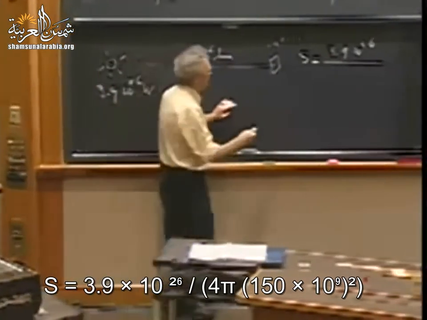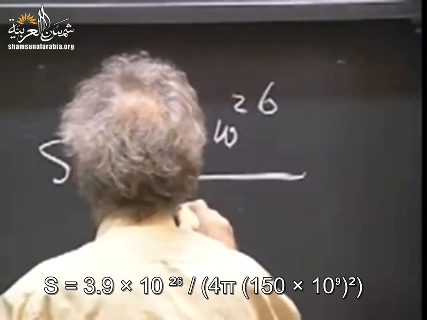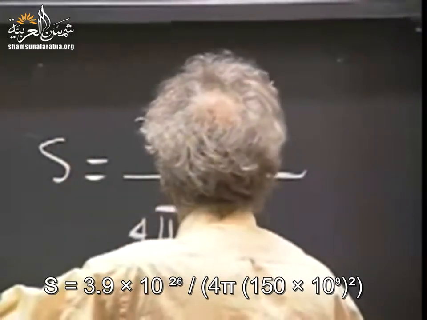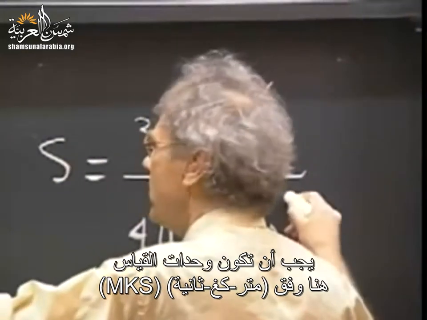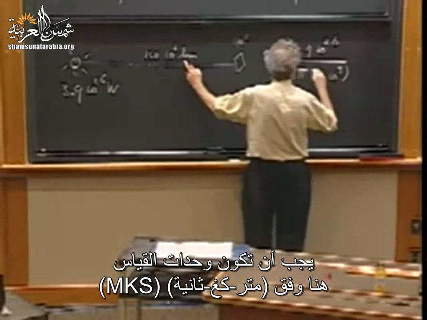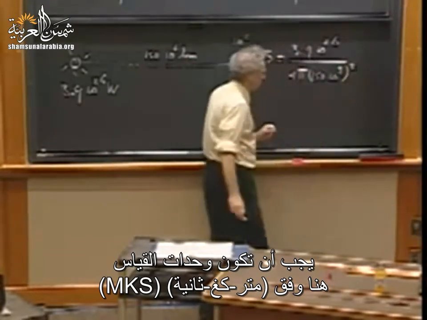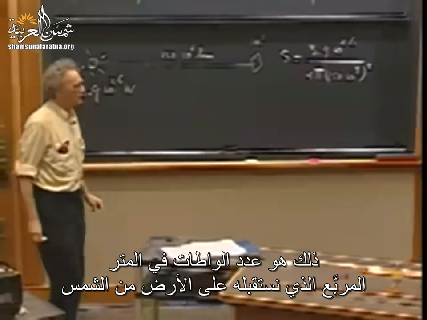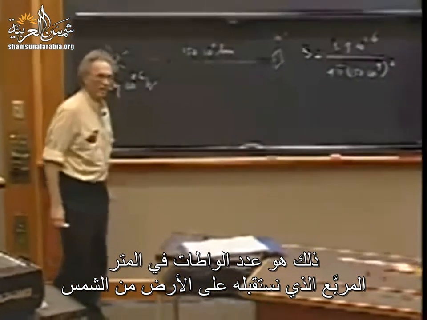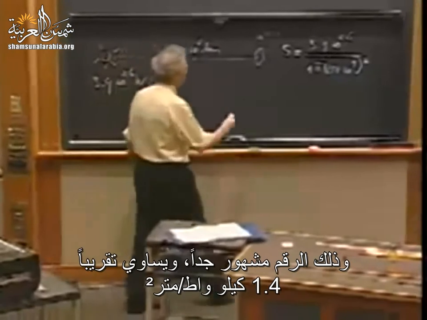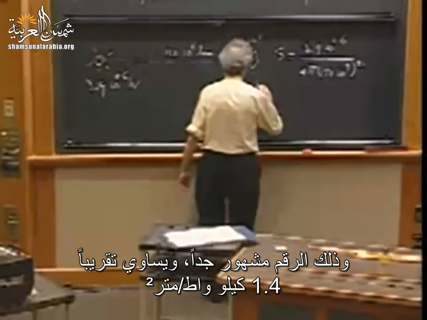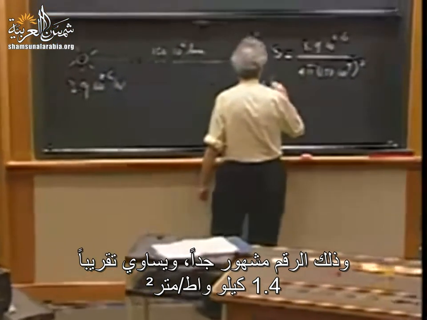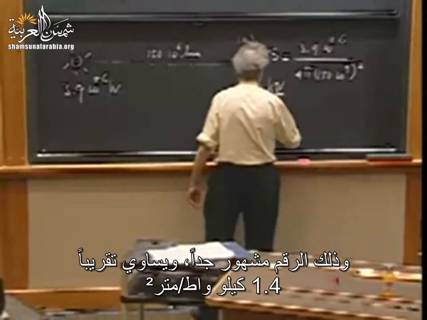And that surface area is 4 pi times that radius squared. So that is 150 times 10 to the 9th, because I have to go to MKS units, squared. And that is now the number of watts per square meter that we receive at Earth from the sun. And that number is a very famous number. That is 1.4 kilowatts per square meter.